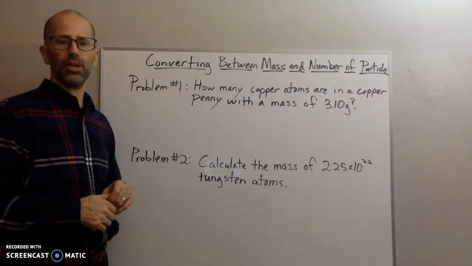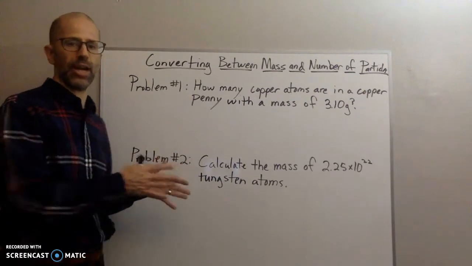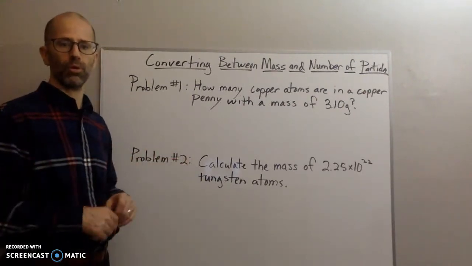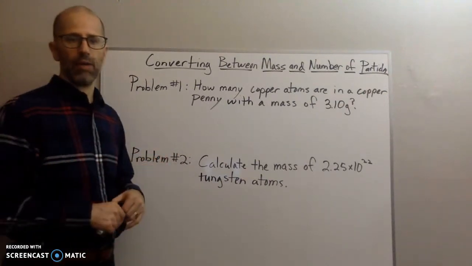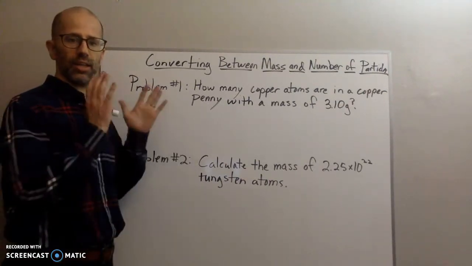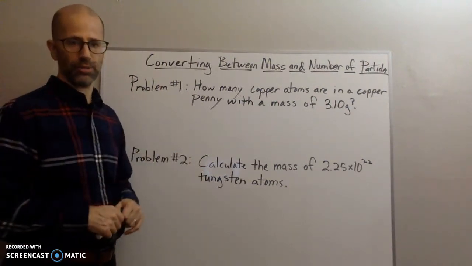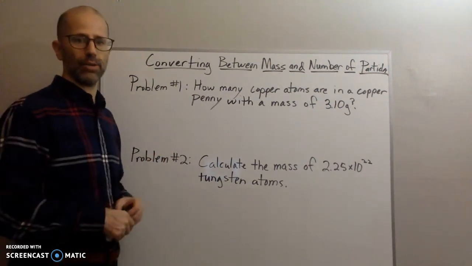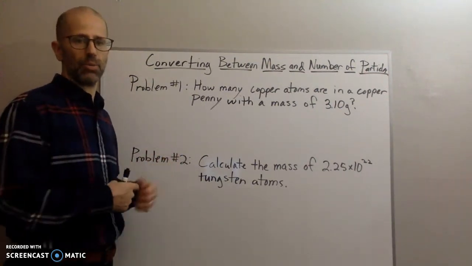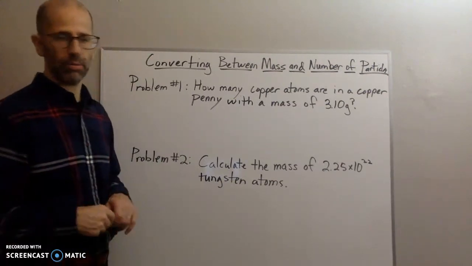In the last video, I showed you how to convert between mass in grams and moles using the molar mass. Now we're going to put those two together and convert between the mass in grams and the number of particles. So I have a couple of problems that we're going to work over and you'll see how it's done. The last time it was one-step problems, now we're doing two-step problems.